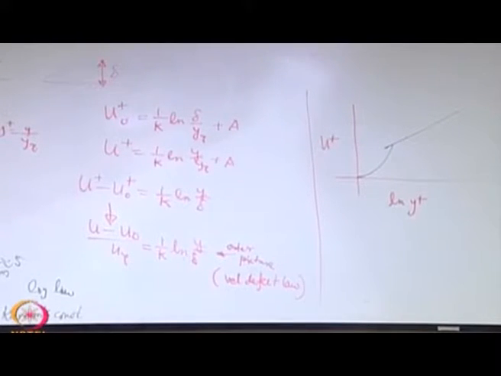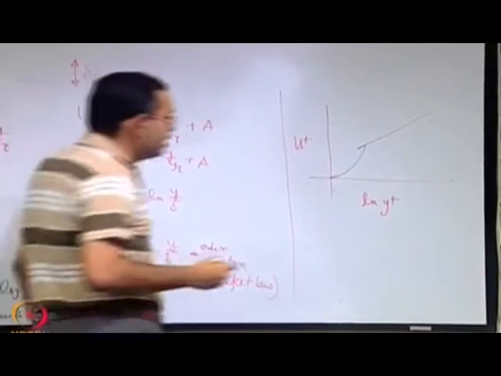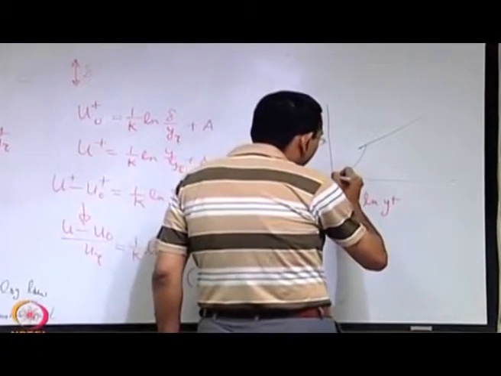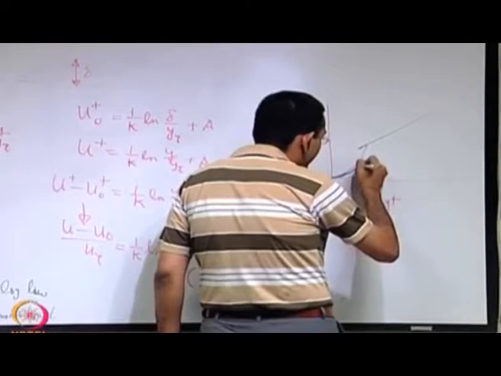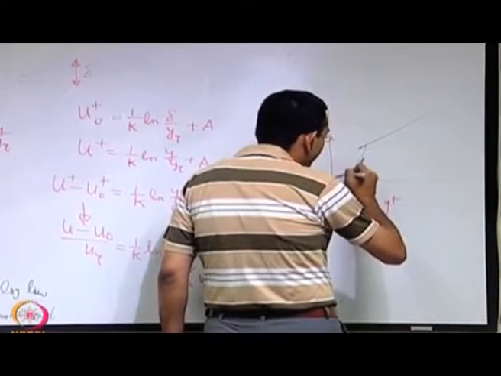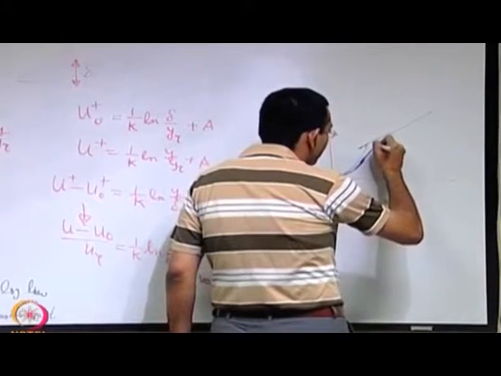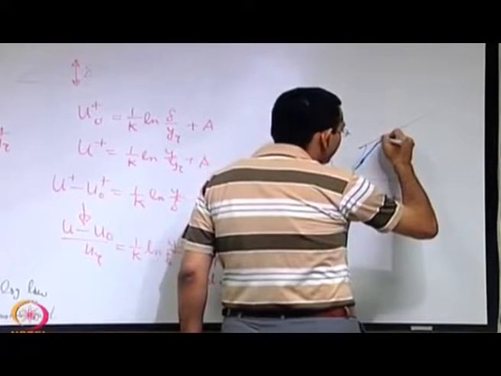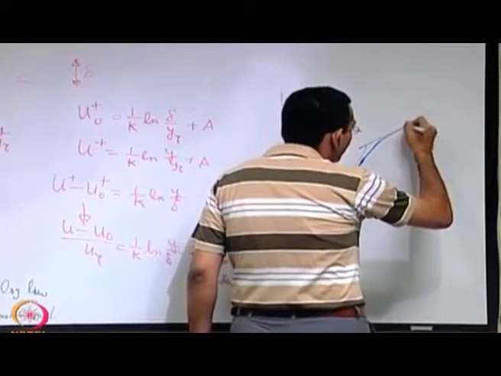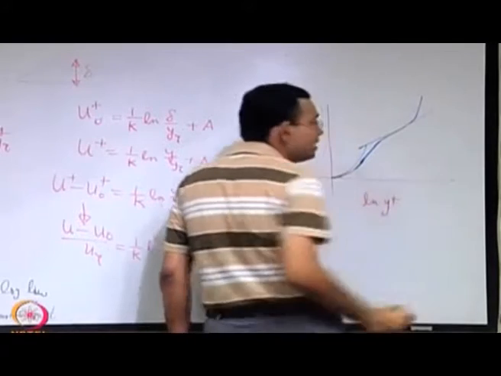Now, what is the experimental picture that we usually get? The experimental picture is that very close to the wall it almost satisfies it, then maybe it undergoes a deviation, then it almost satisfies the log law and then it starts deviating again.